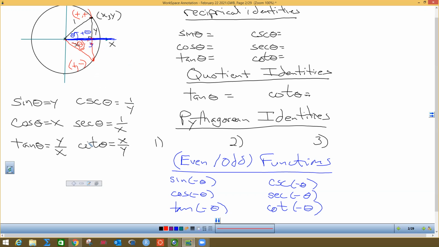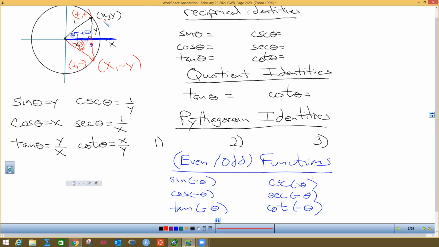Are we good with that? Thumbs up on that? Show me thumbs up or down. Cash, you there or not? Okay, so what that means is, this ordered pair would be x and negative y. They'd be the exact same numbers as up here, except my y would be negative.